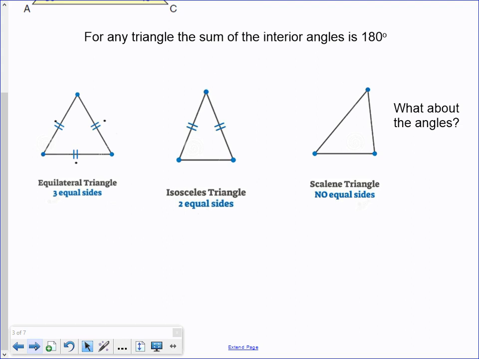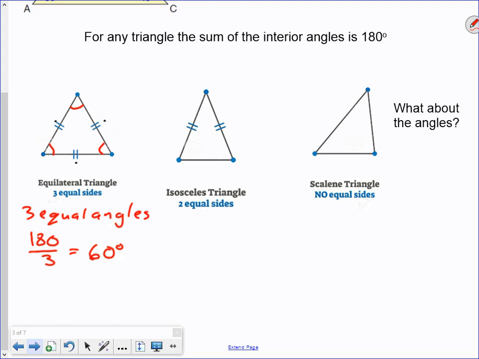Well, in an equilateral triangle, all three of the angles are the same size. So we have three equal angles as well as three equal sides. And of course, each of those angles has to be 60 degrees because that 180 degrees has to be split evenly between those three angles.